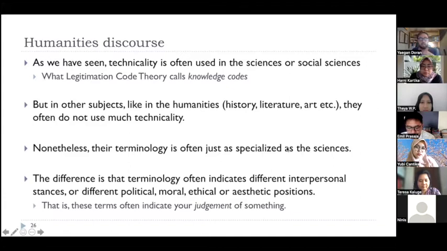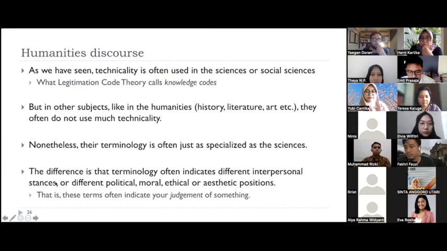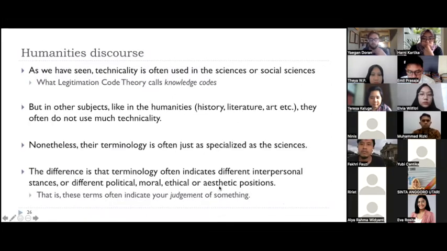Rather than indicating content meanings, like classification, composition, this terminology often indicates different interpersonal meanings. So different relations between meanings in terms of political stances or moral stances or religious stances or ethical stances or aesthetic positions.